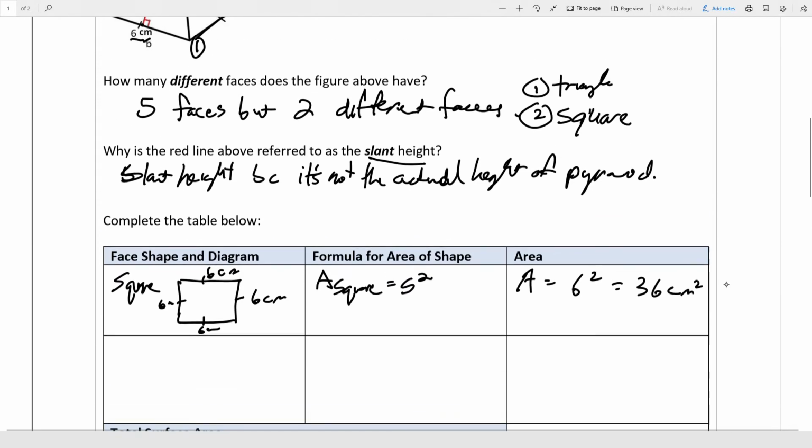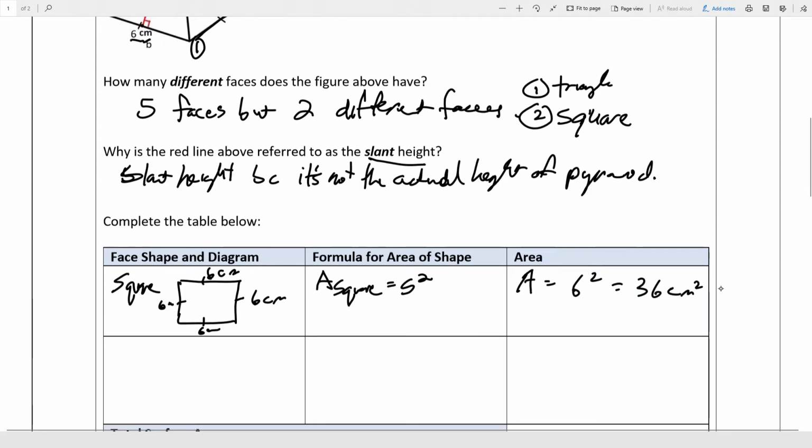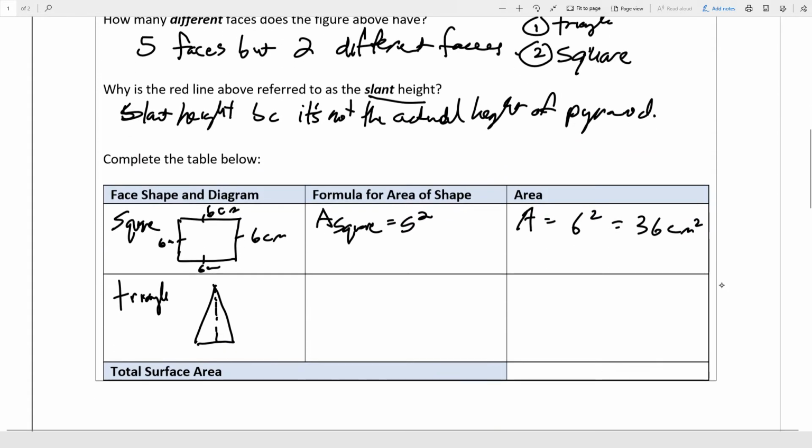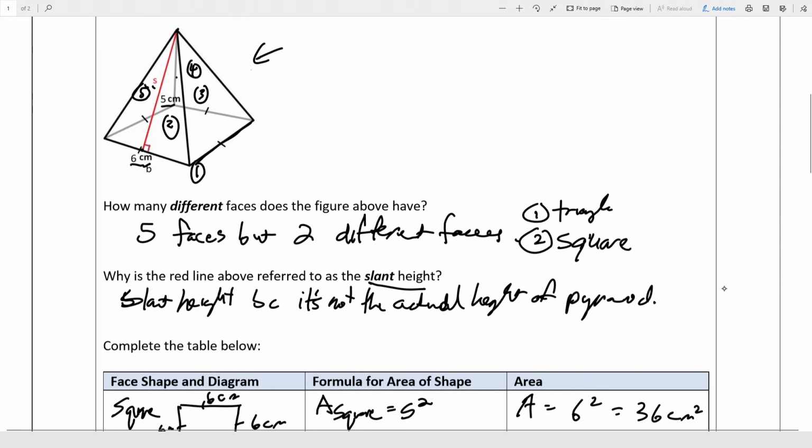Okay, and then the other face shape and diagram is the triangle. So we're going to draw the triangle here. And we have some dimensions here. The height is going to be 5, and the base is going to be 6, shown in the diagram right there.